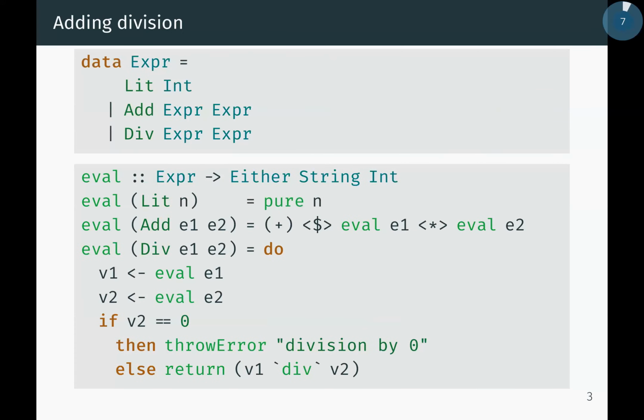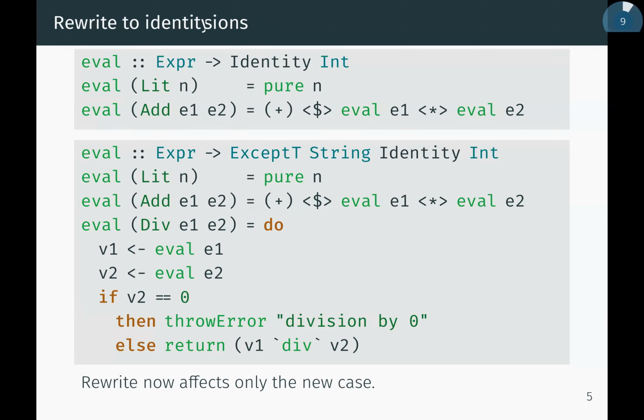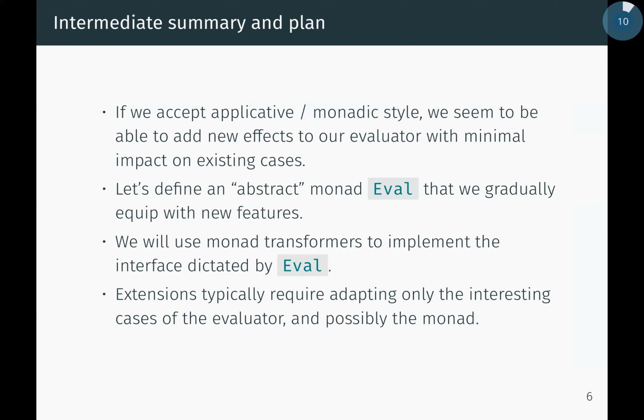So here we had this, and we make the observation that it affects every line. We have to change everything. But if we switch in the simple version to also using the identity monad, then only this new row is added. So it's basically a trade-off. We have to accept that we are now using applicative or monadic style for our code. But the plus side is that when we try to extend it, it only has a minimal effect on the existing cases.